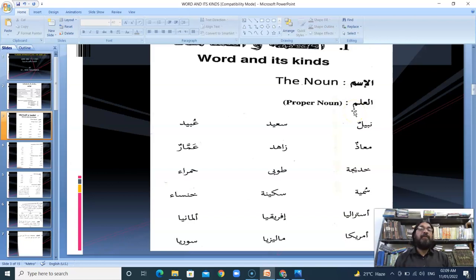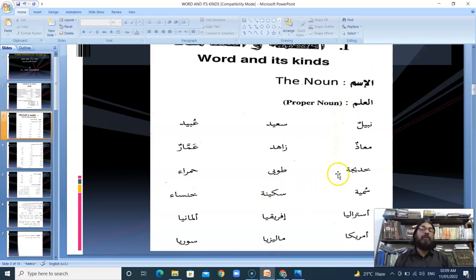By seeing the flags, you can identify, okay, this flag belongs to India, this flag belongs to Pakistan, US, Australia, New Zealand. So as you identify the country by seeing the flags, likewise here, some particular names are given, which will be considered as al-alam, proper noun.